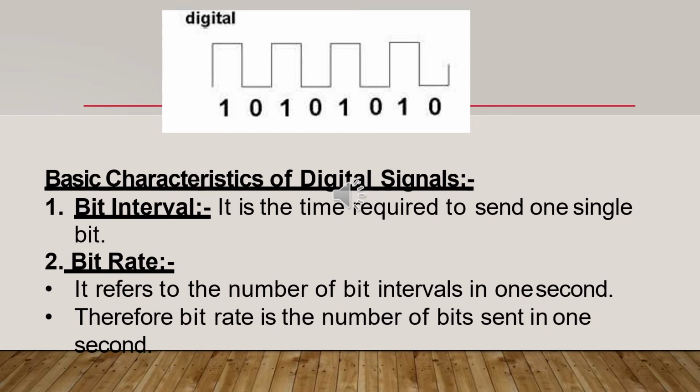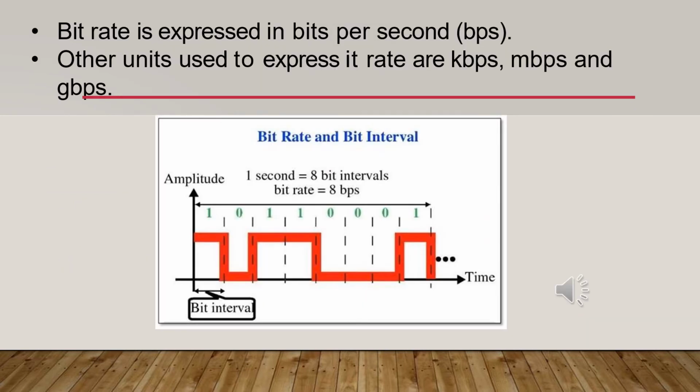Bit rate is expressed in bits per second. Other units used to express the rate are kbps, mbps and gbps. Let us have a look at the bit rate and bit interval and the difference between them in front of you.